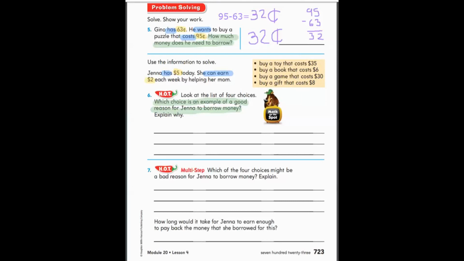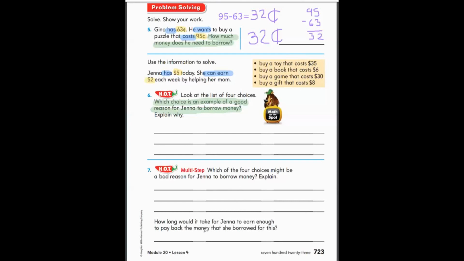Okay, so you explain which one you like more. Explain it to me and write it here, please. Next question, question 7. Which of the 4 choices might be a bad reason for Jenna to borrow money? Okay, now you have to explain to me which of these is a bad reason and explain why, please.